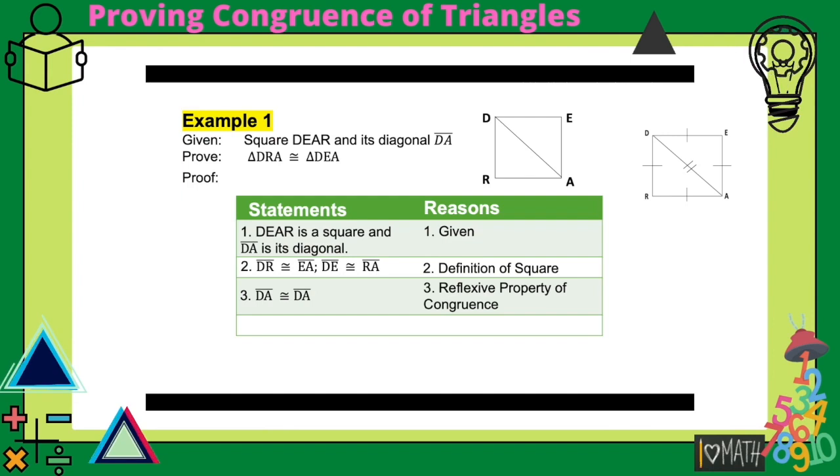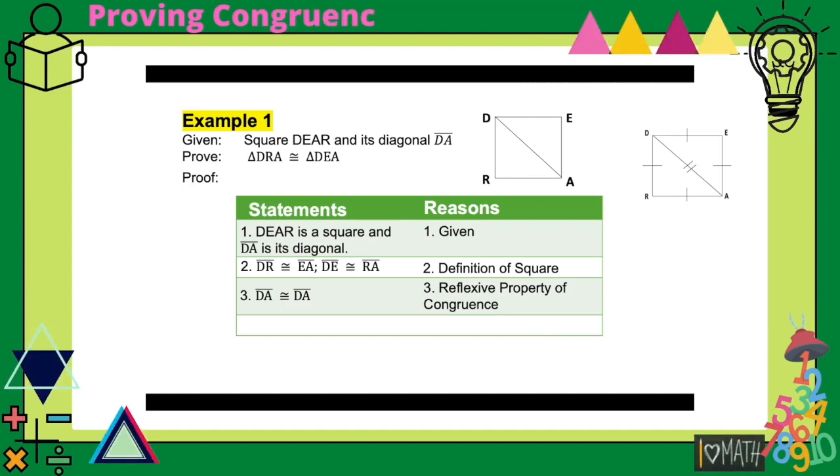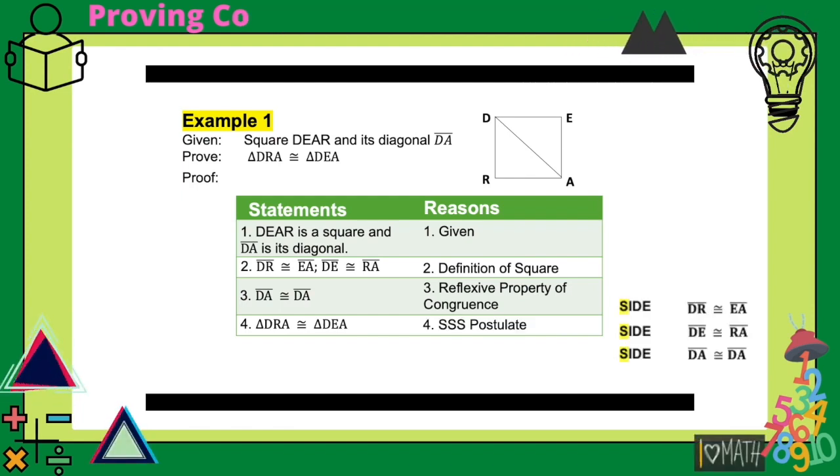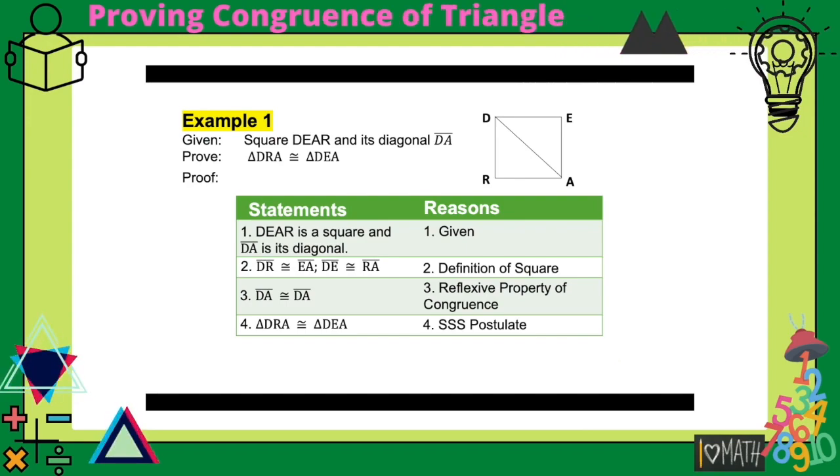Take note, in proving congruence of triangles, it's not necessary to prove all 6 pairs of corresponding parts of congruent triangles to show congruency. Since the 3 sides of triangle DRA are congruent to the corresponding 3 sides of triangle DEA, then the 2 triangles are congruent by SSS congruence postulate.